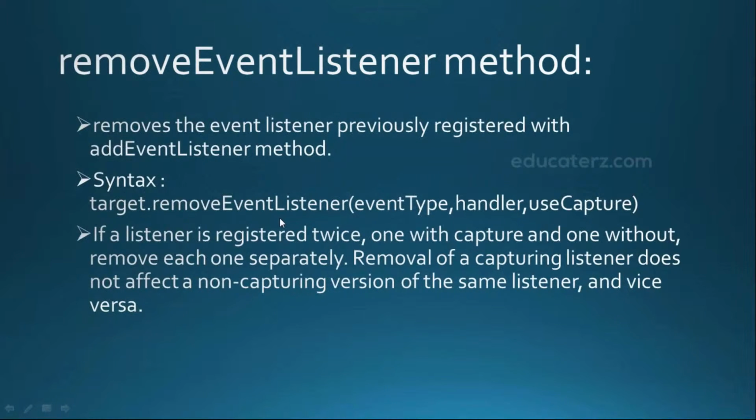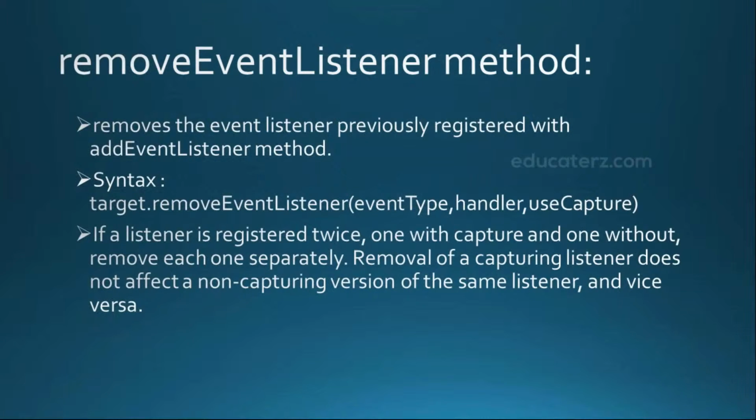But the main important thing you need to take care of is when you use the capture value. Let's say you register the listener using addEventListener for a given event in two phases by passing the useCapture value as false as well as true. When you use removeEventListener, you should use it twice, using the false value the first time and then the true value.